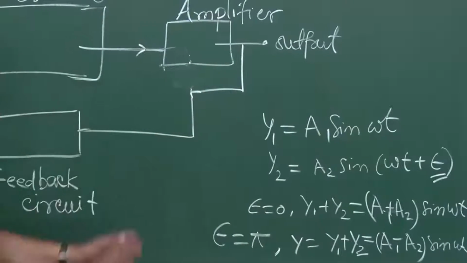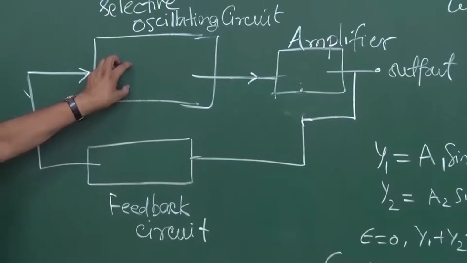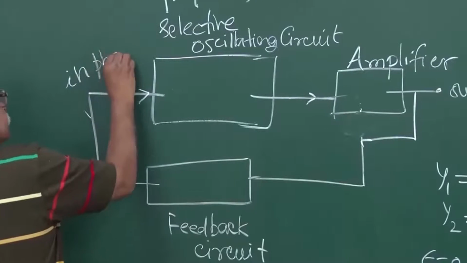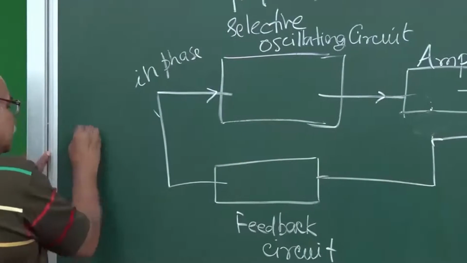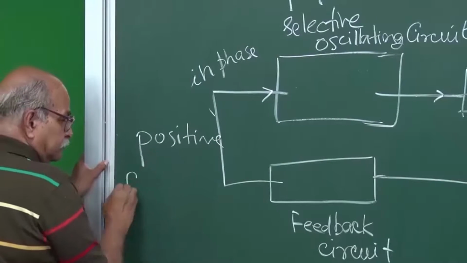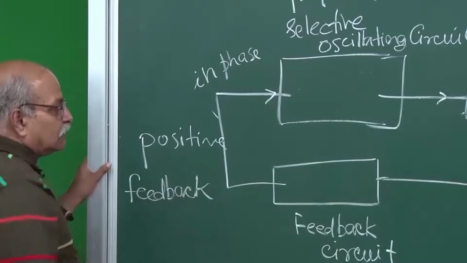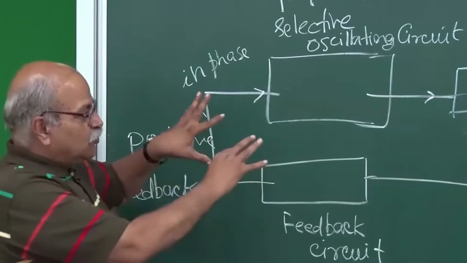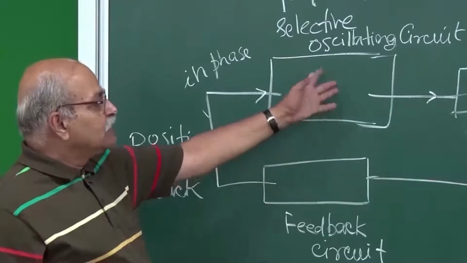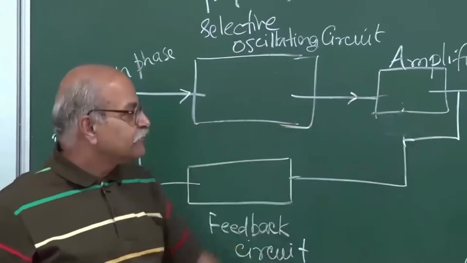So it is important that the signal which you are adding to this oscillating circuit should be in phase, known as positive feedback. So essentially this is the thing which has to be implemented. Circuits are made to do this kind of thing, and the transistor actually comes here, right.